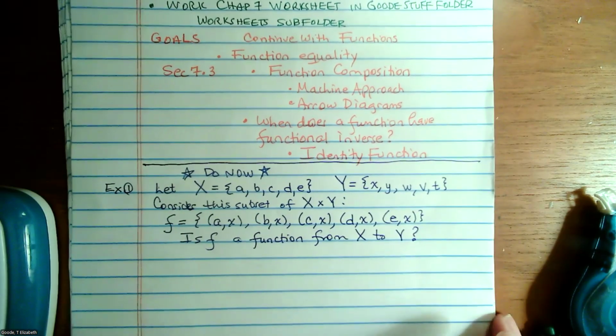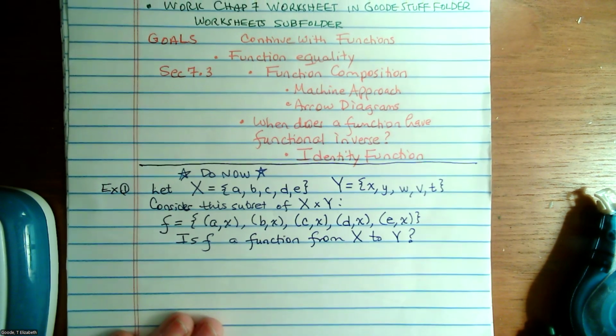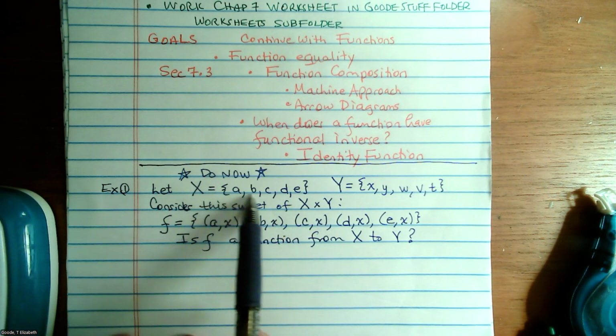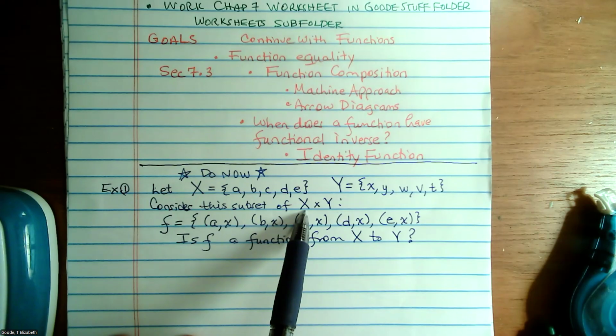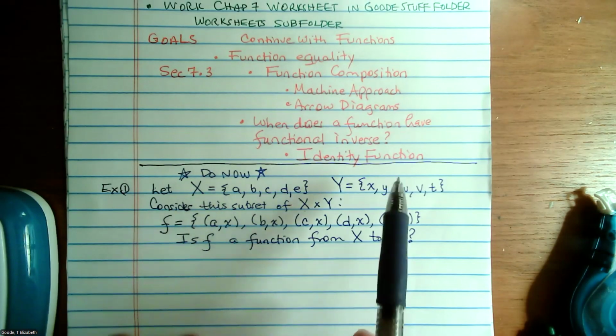So this gives us an opportunity to review the definition of a function. Shall I state the definition of a function? Does anybody want to hear it? Okay, I got a little nod from Eric. Thanks, Eric. It's good to see you. It says each element of the domain, which would be X, maps to exactly one element from the codomain.